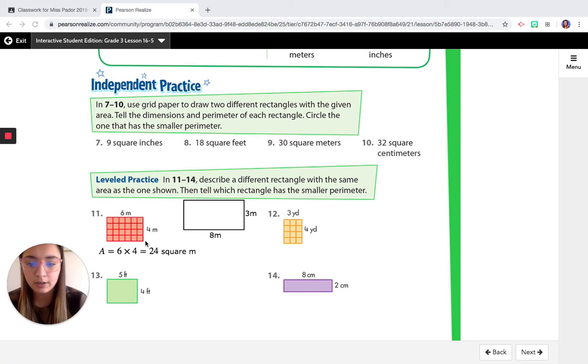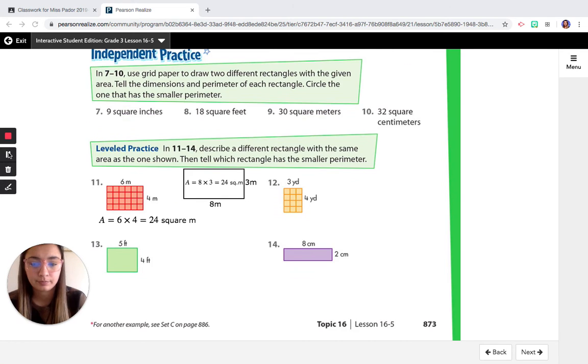All right, so right here in the middle, if you can see, I have made my new rectangle that is 8 meters on one side and 3 meters on the other. So I'm going to go ahead and find my area. I'm going to do length times width, 8 times 3, and that will come out to 24. This space does not have a lot of white space for me to work, so I just put the area inside of this rectangle, so I hope you can see it.